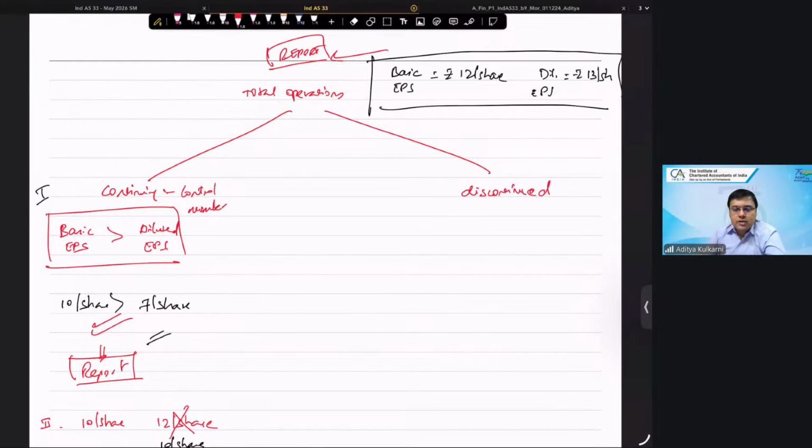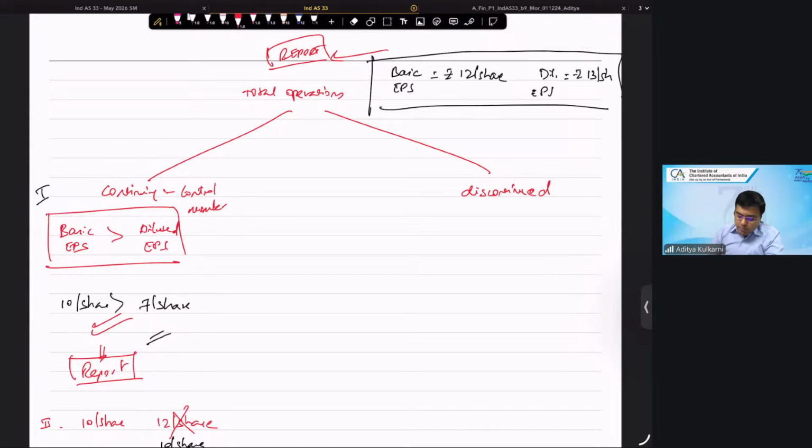Why can I do this? Because sometimes with discontinued operations, you may have certain assets pertaining to those operations which you sell. Because you are selling off those assets, you have a very high profit that comes from the sale of those assets. So certain profits may get shifted to your discontinued operations.